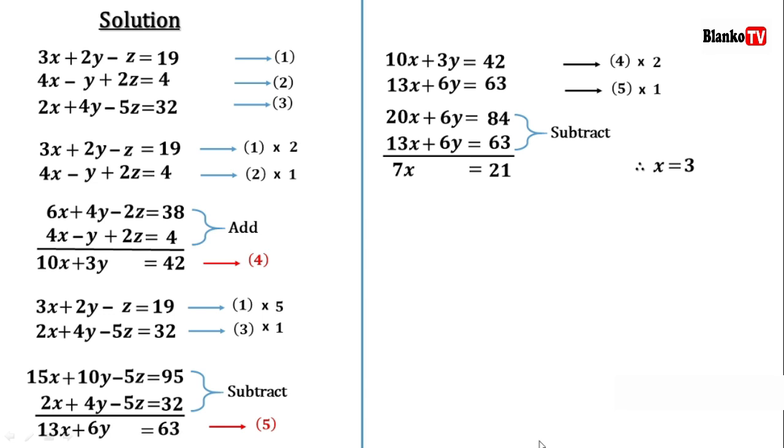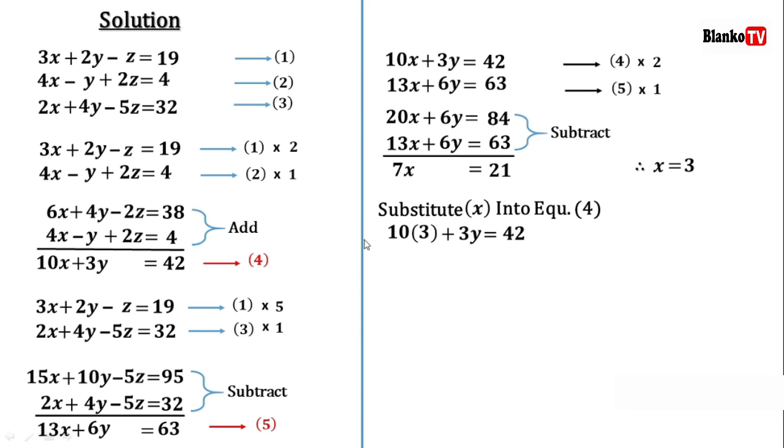Okay, so let's substitute the value of x, which is 3, into equation 4. And equation 4 is what? 10x plus 3y equals 42. So wherever we see x, we substitute 3 there. Okay, so we have 10 multiplied by 3 plus 3y equals 42.